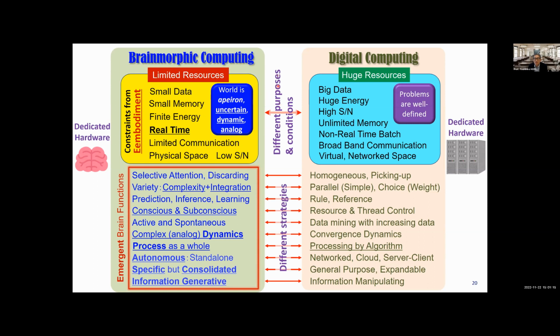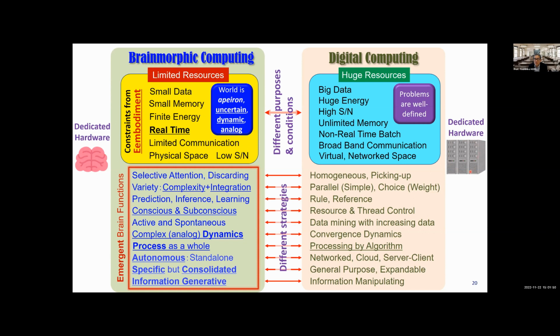So purpose is different and condition is different. Therefore, the strategies taken should be different. For example, homogeneous processing, not discarding information, but picking up information and using the algorithm. And also the information is not generated, but manipulated here.